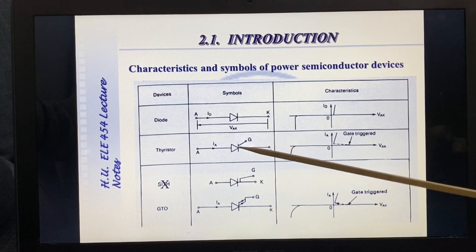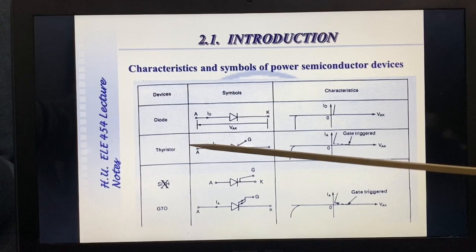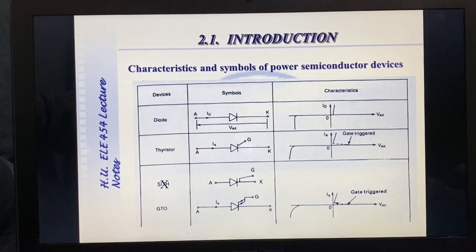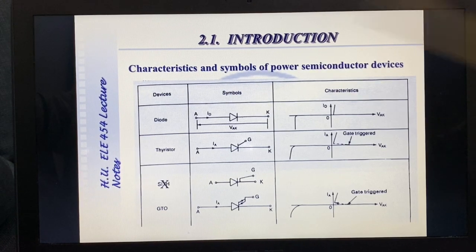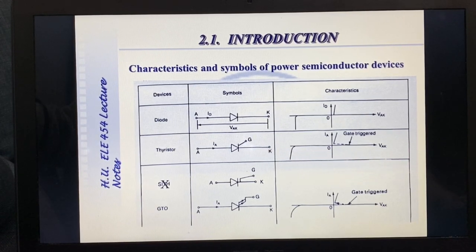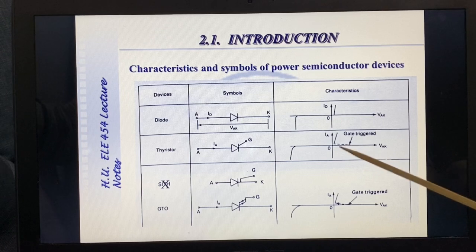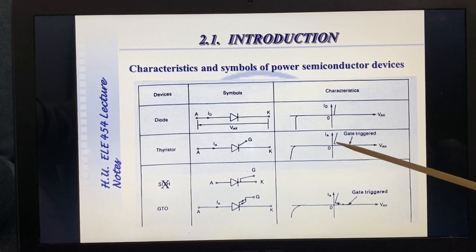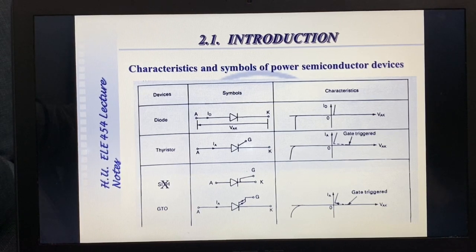A current pulse between gate and cathode is used to turn on the device, which is forward biased. Again, forward bias is necessary, but also the instant at which turn on starts depends upon the instant at which the gate current is applied. So that's again the characteristic, and we will see how gate triggering affects the anode current versus anode cathode voltage characteristics.